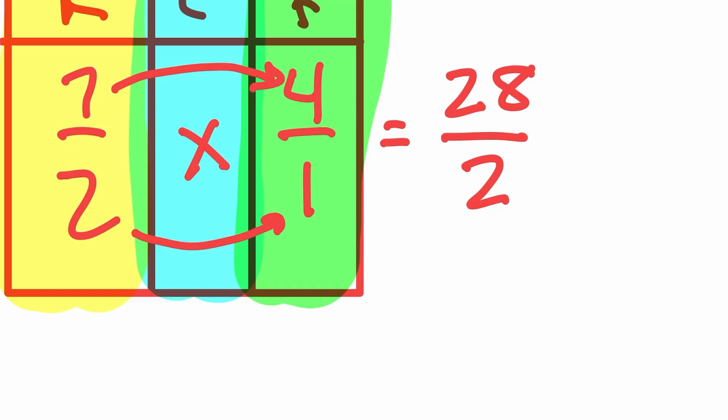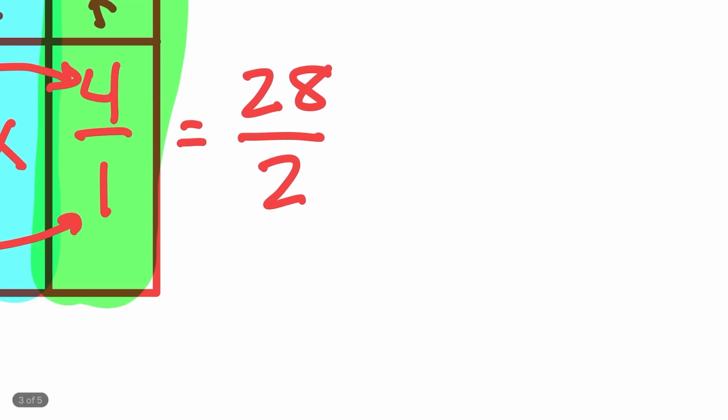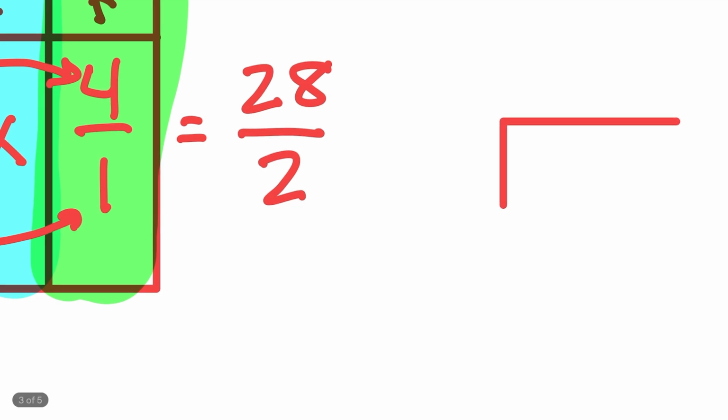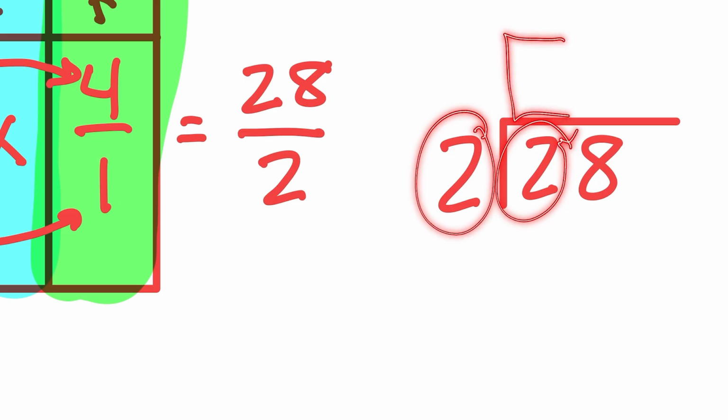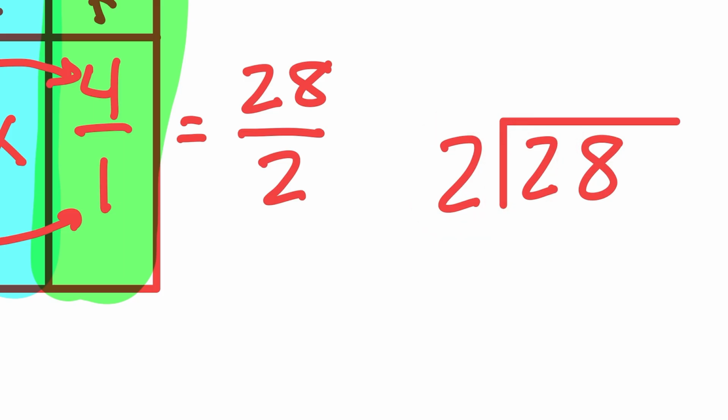Well, that's improper, and I can't leave it like that. And in case you're not sure what that equals, just do the work. We're going to have to divide the top by the bottom. So we'll put 28 inside our long division notation and 2 outside. 2 can go into 2 one time, so I'll write 1 right here. And that's going to be 2 times 1, which is 2.